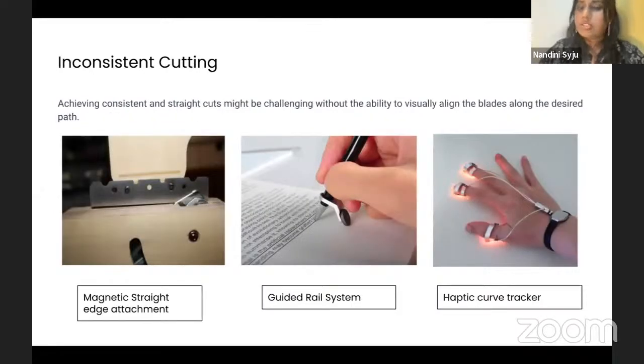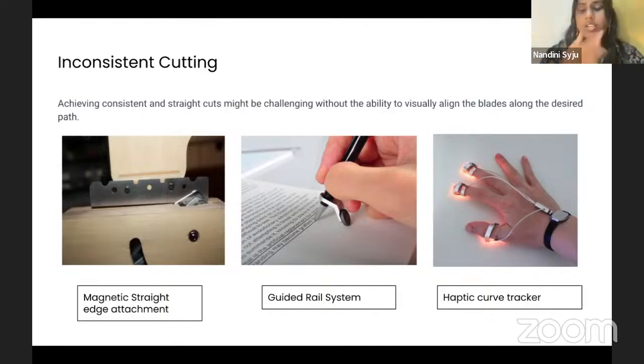Again, another pain point is inconsistent cutting. Like I mentioned, it could be jagged or it could be the wrong line. If you want a straight line, we can probably have a straight edge attachment, like we have for woodworking tools. We have our saws, our huge industrial grade saws, which will always have this edge.